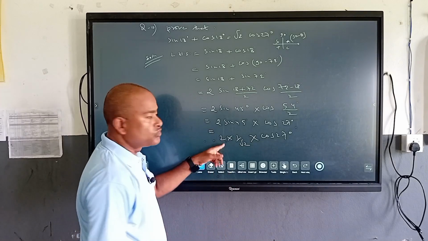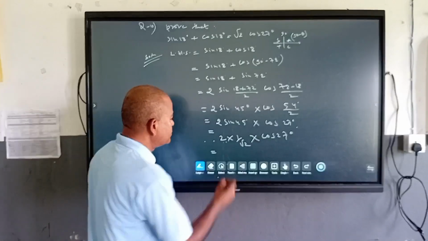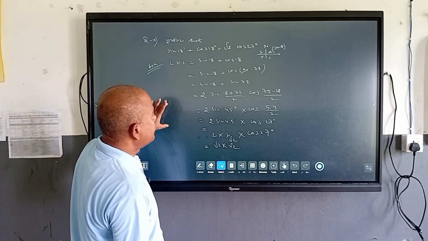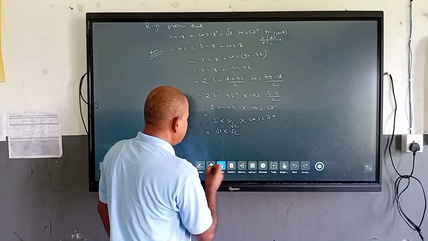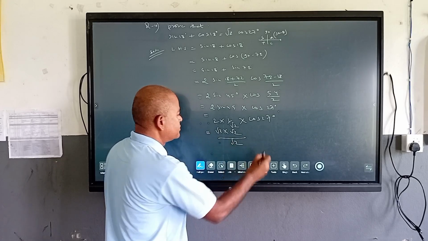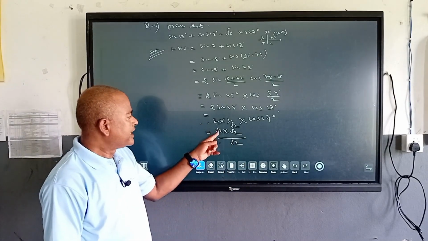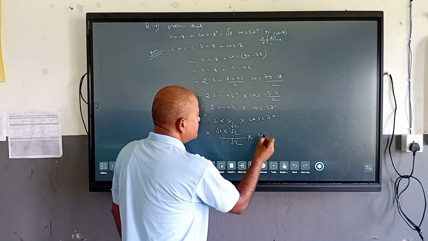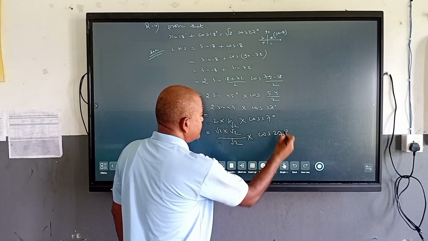Now 2 divided by root 2: 2 we can write as root 2 times root 2, divided by root 2, into cos 27 degree.